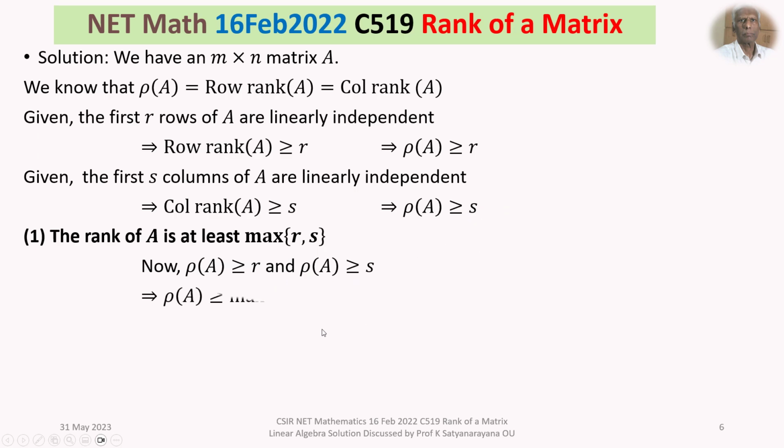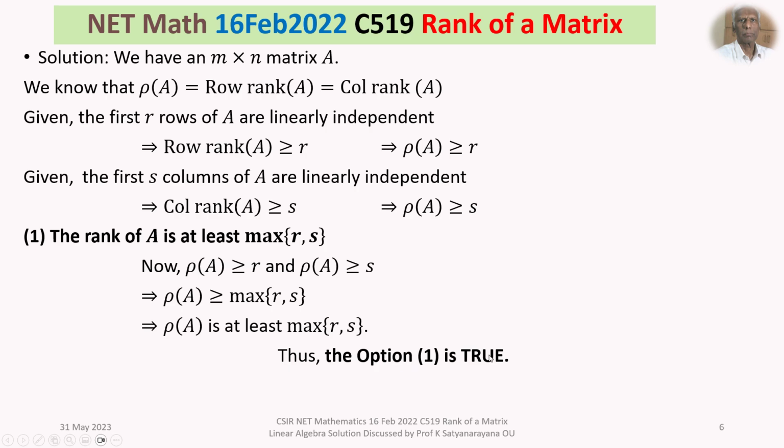This implies the rank of A is greater than or equal to the maximum of r, s. So the rank of A is at least the maximum of r, s, which is the statement given in option 1. Therefore, option 1 is true. Now, let us discuss the remaining cases in the next slides.